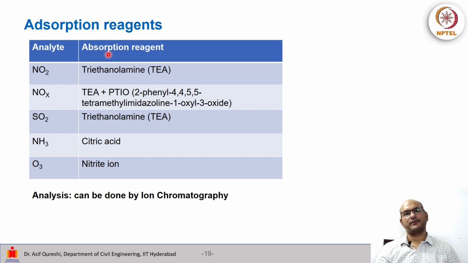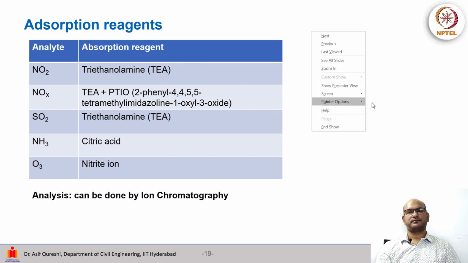The filters will have different adsorption reagent based on the gas that has to be analyzed. So for NO2 we will have triethanolamine, TEA, as the adsorption reagent. This is adsorption reagent, not absorption reagent.